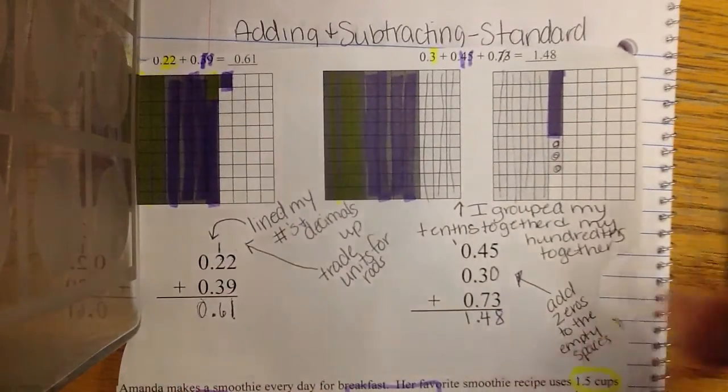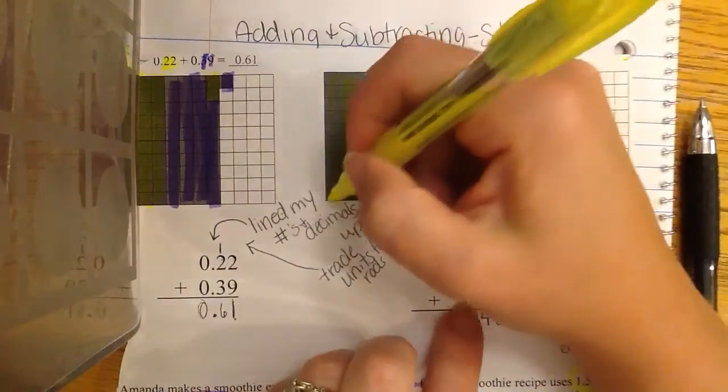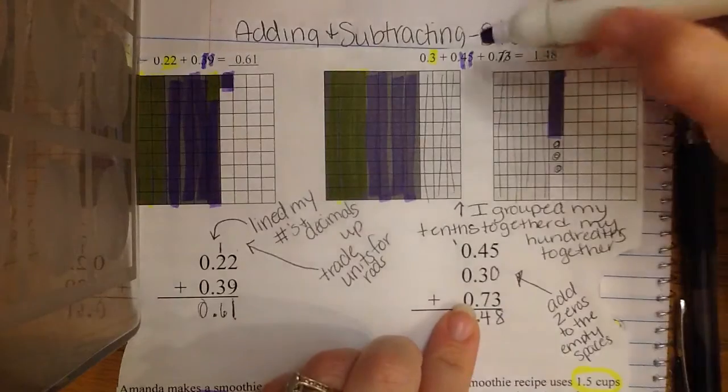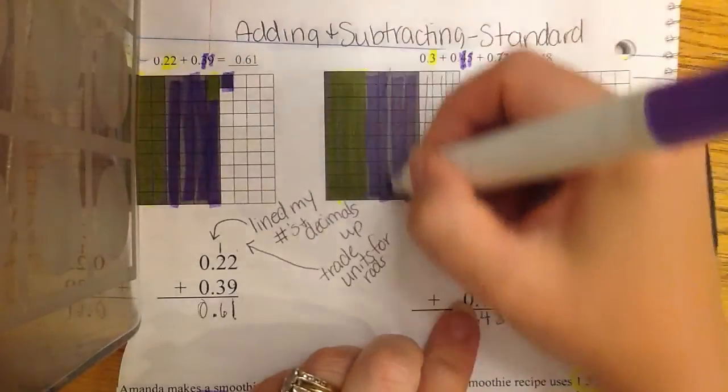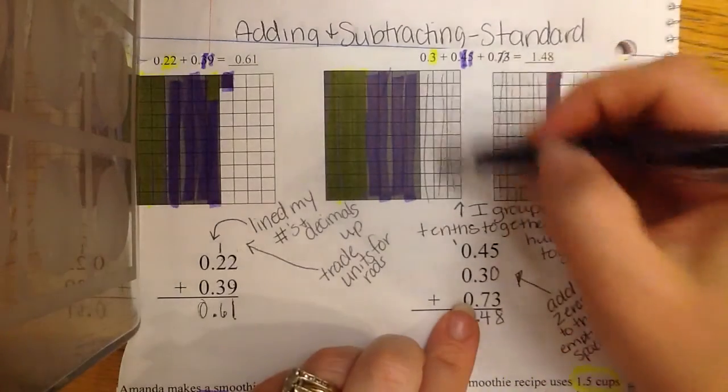All right, let's look at our next problem. I have 3 tenths. I have to shade in 3 tenths. Remember, I'm adding all my tenths together. 4 tenths. 1, 2, 3, 4. And then I had 7 tenths. 1, 2, 3.